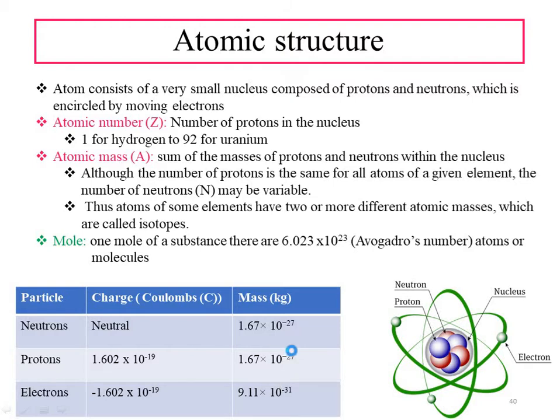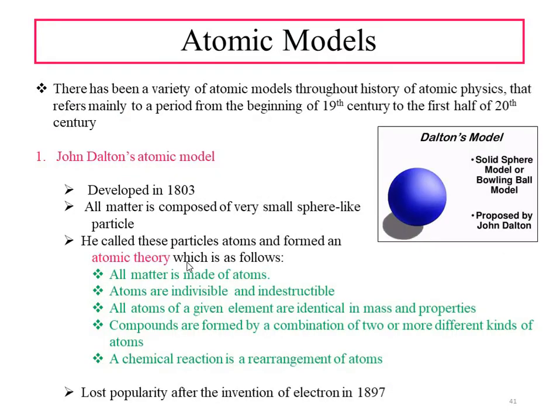So let us see the next one. This is the first atomic model we are going to see. As I said earlier, these atomic models were derived throughout the history of atomic physics, from the 19th century to the first half of the 20th century.